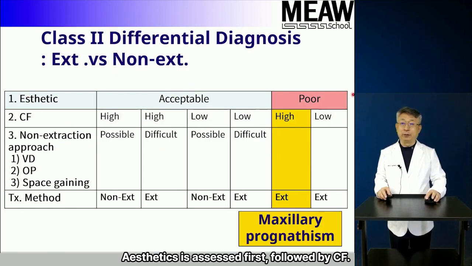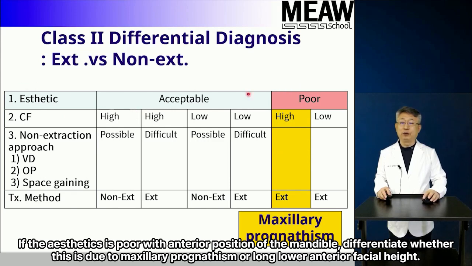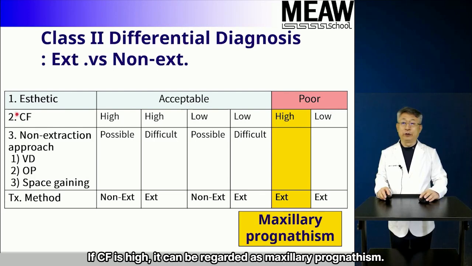Aesthetics is assessed first, followed by CF. If the aesthetics is poor with anterior position of the mandible, differentiate whether this is due to maxillary prognathism or long lower anterior facial height. If CF is high, it can be regarded as maxillary prognathism.